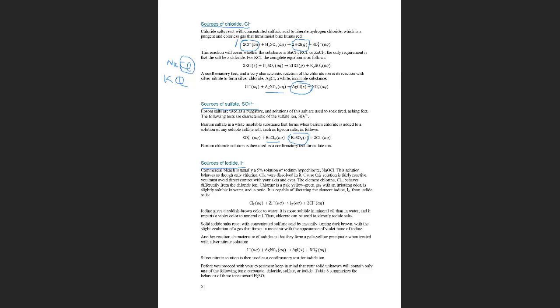But the hypochlorite, which is this substance, behaves as if we have the gas Cl2. This is a toxic gas. It's a pale yellow gas that has some odor, is soluble in water, and is toxic.